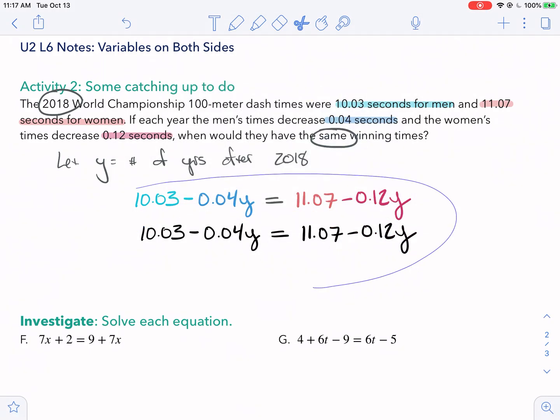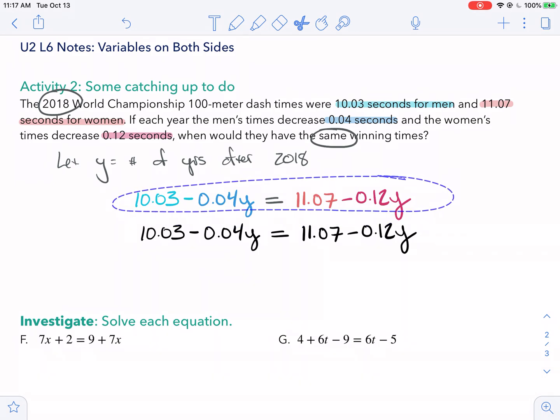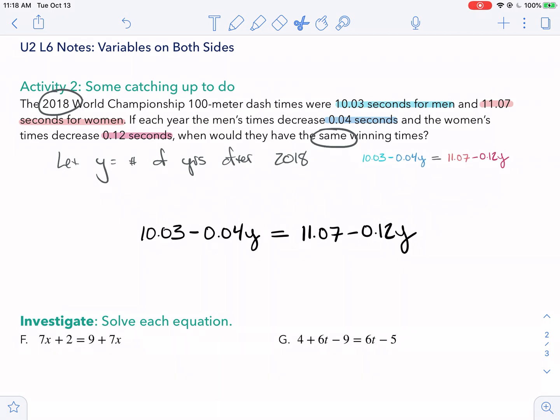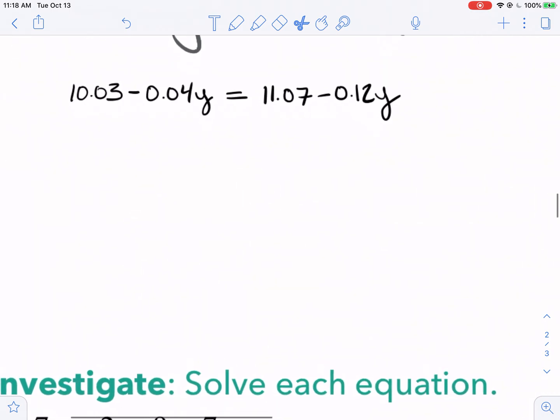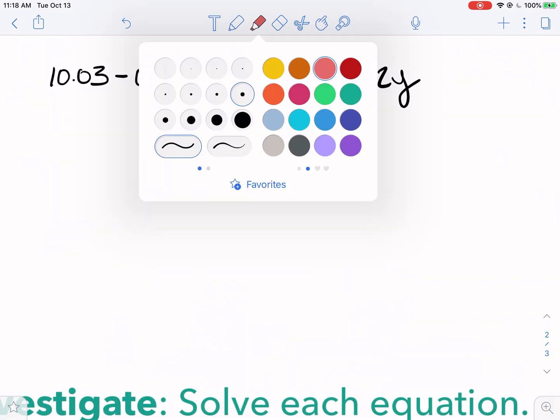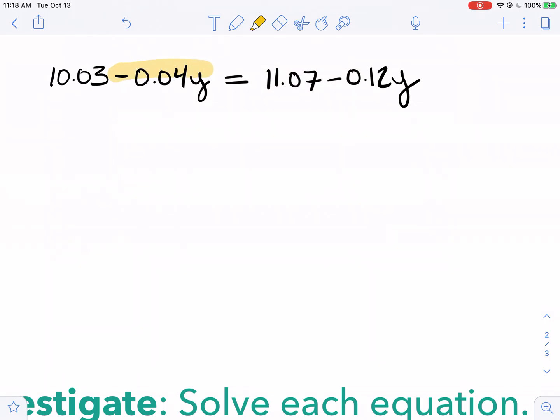Okay, so our first step is we want to get all the y's on the same side. So we have y's here, and we have y's here.